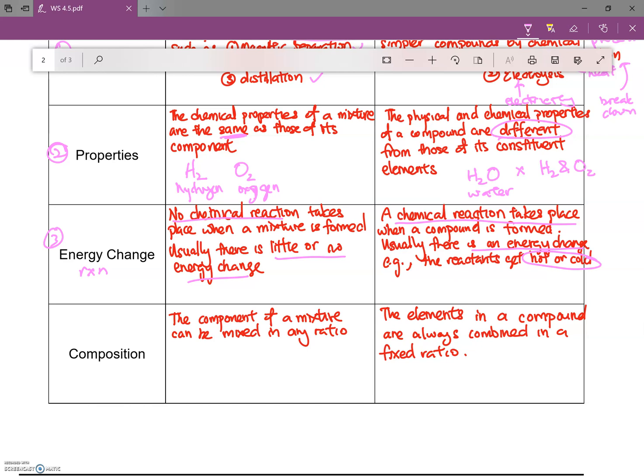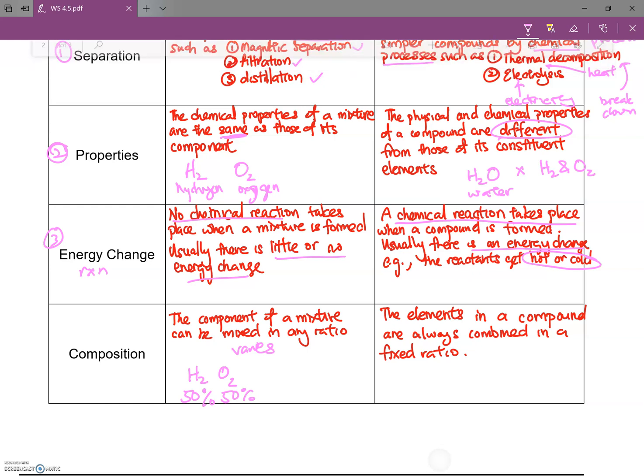Last one, composition. For a mixture, you can mix it in any ratio. The composition in terms of the ratio varies. What do I mean by that? For example, let's go back to the H2 and O2 example. I can put 50% of this, 50% of this, and it is a mixture of O2 and H2.